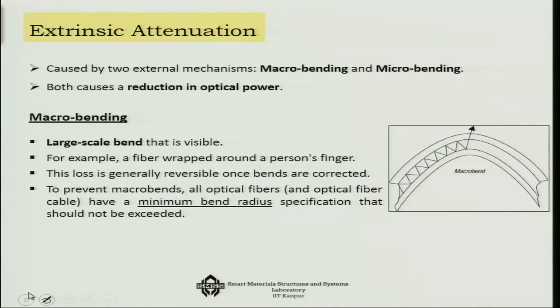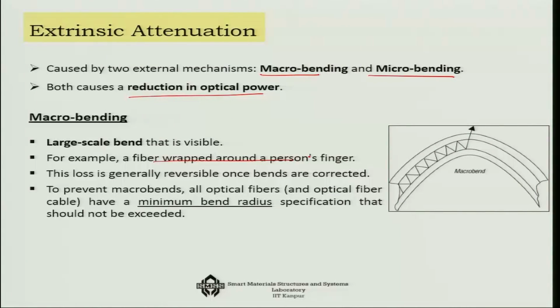Now, what happens in extrinsic attenuation? There are two external mechanisms of extrinsic attenuation. One is called macrobending and another is called microbending. Both of them cause a reduction in optical power. Macrobending consists of large scale bends, the visible type, for example, a fiber wrapped around a particular area.